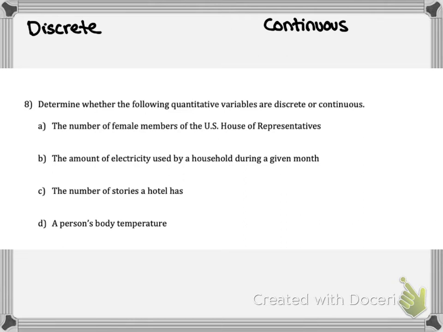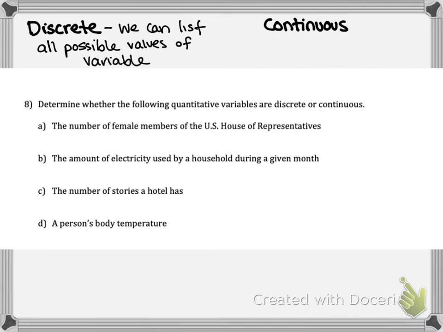Okay, so discrete is when we can list all the values, right? All possible values of the variable. Continuous variables we're unable to list, right?